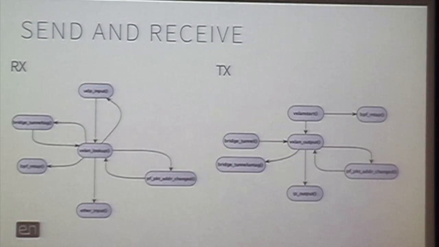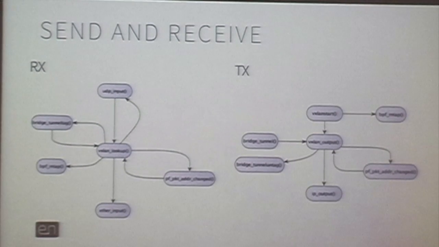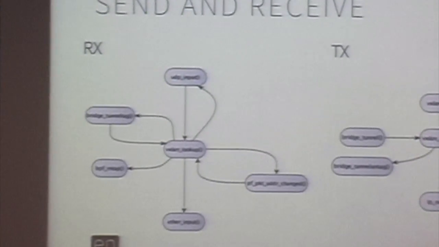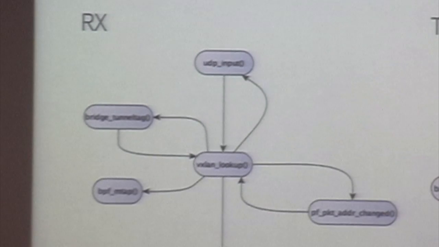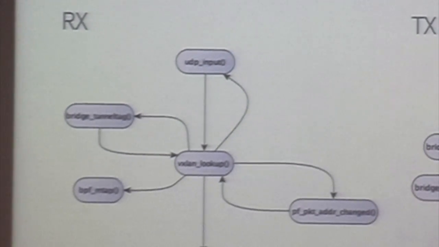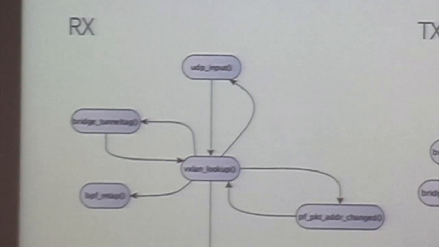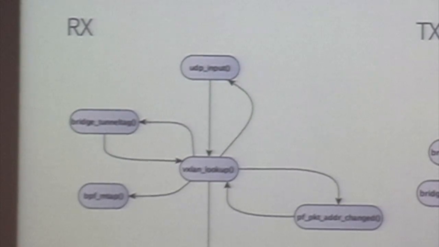So on the receive side, we get a UDP packet, then we evaluate, is this UDP packet for me, is it a VXLAN packet for me? And then, if yes, we add an mbuf tag carrying the original IP address of the tunnel endpoint that sent me the packet. Then the packet goes into the ether input, does all the usual things going into the bridge, and the bridge checks, is this mbuf tag there?